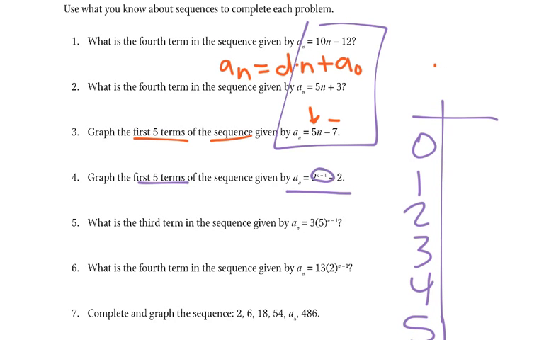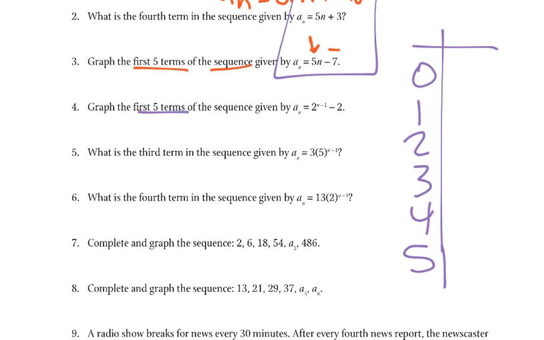Now notice we have a power, so that's geometric. The way they wrote this is a little different than the way I like to, because they went with the first term. They went a sub n equals that ratio to the n minus 1, minus 2. So that minus 2 is like the a sub 1. So that'd be negative 2 right there.